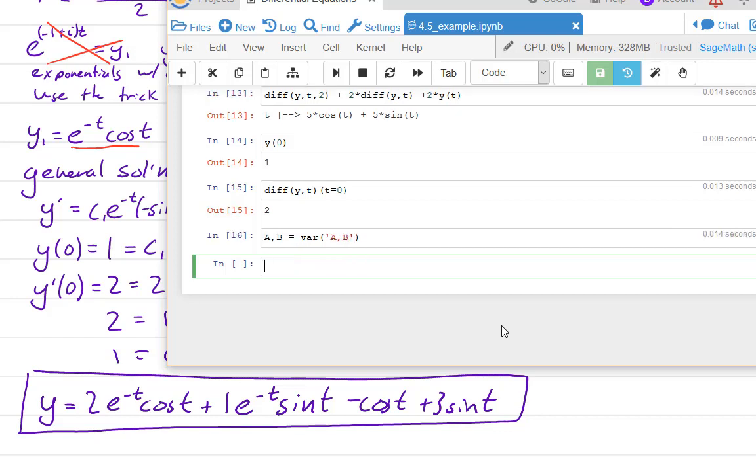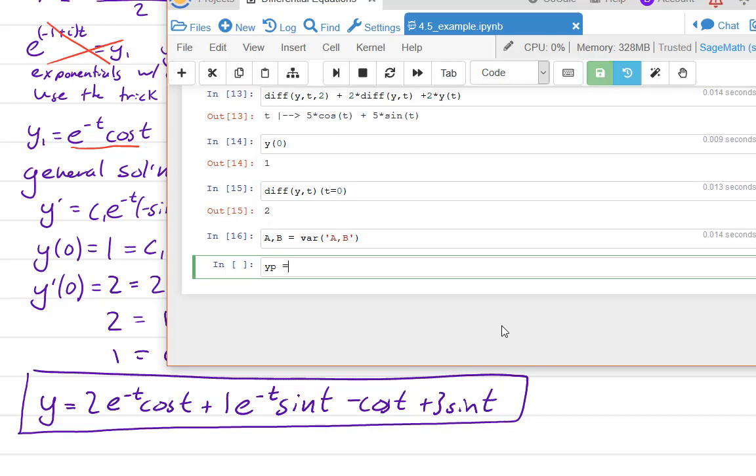And define the original guess, let's call it yp, that thing we were guessing at, as a times cosine of t plus b times sine of t.